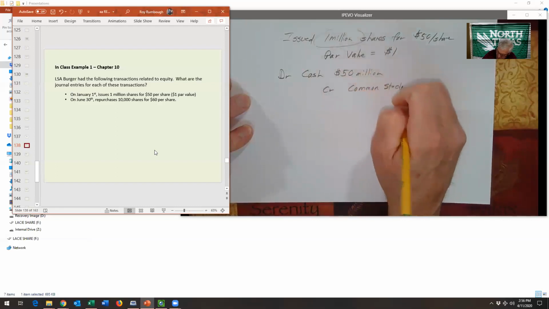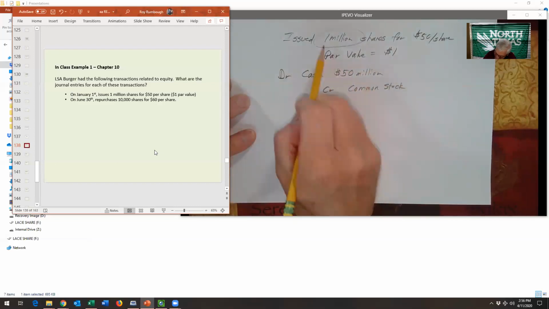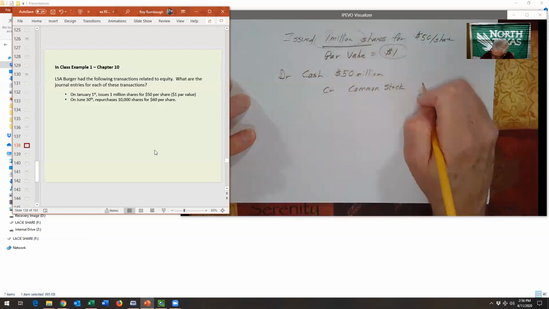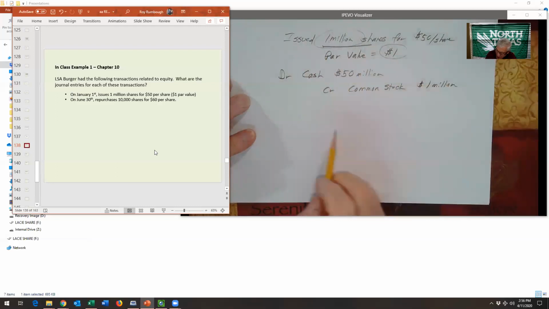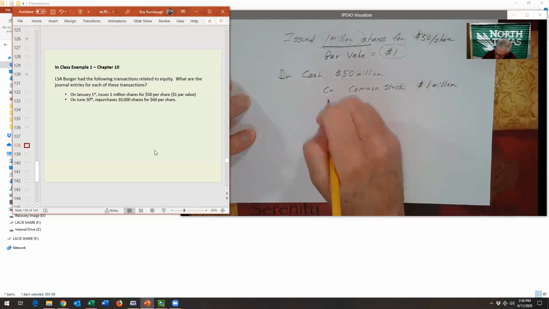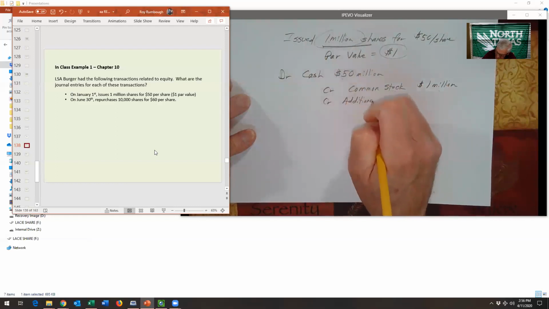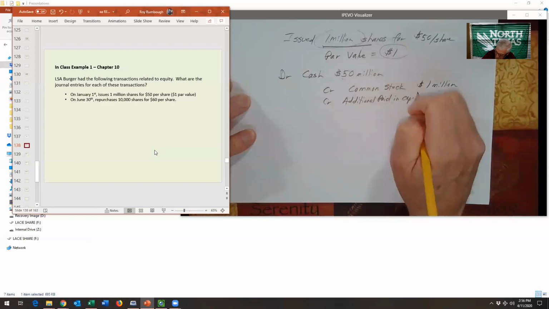What do we put in the common stock account? Every day, every hour of every day, every month, shares times the par value. So 1 million times $1, 1 million. And the leftover, 50 minus 1 million, we put in additional paid in capital.